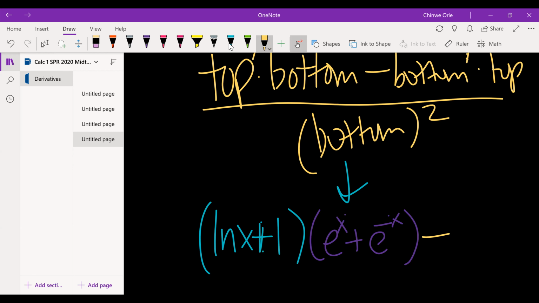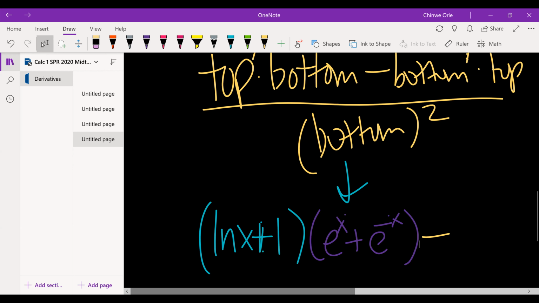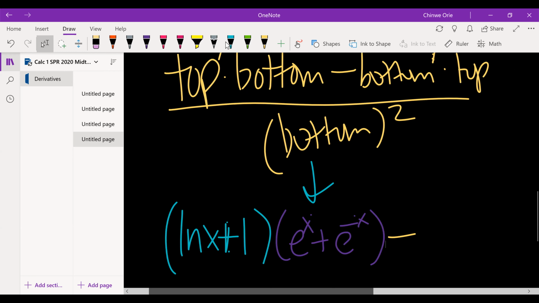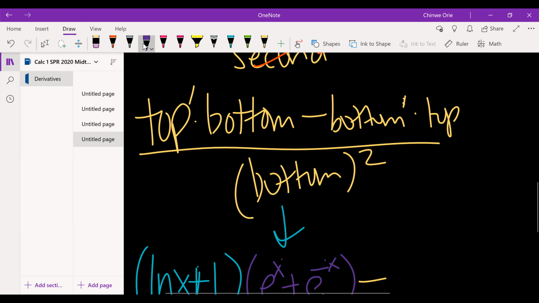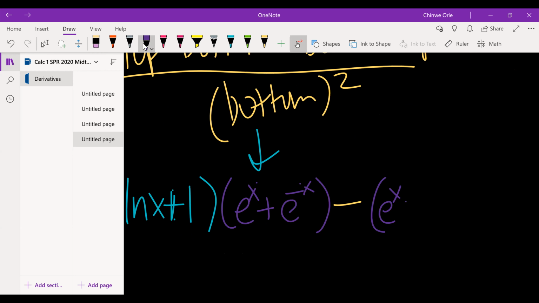Okay, minus, let's create some more room. Then we've got the bottom prime, which is the same thing as the function itself, just that instead of the plus sign, you have a negative sign now.